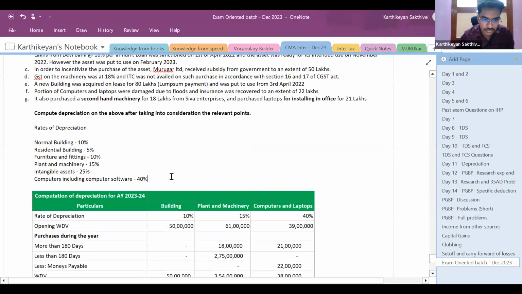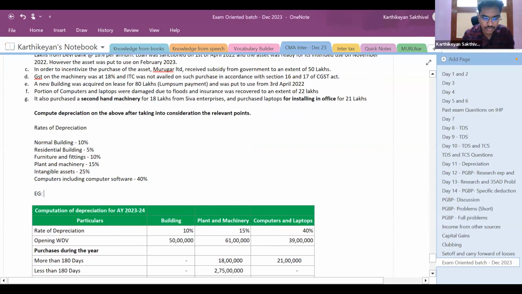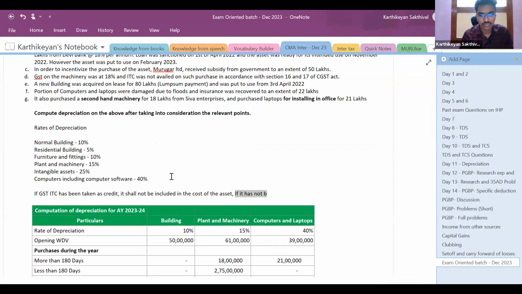As for example, if the credit has not been taken, then it can be included in the cost of the asset.